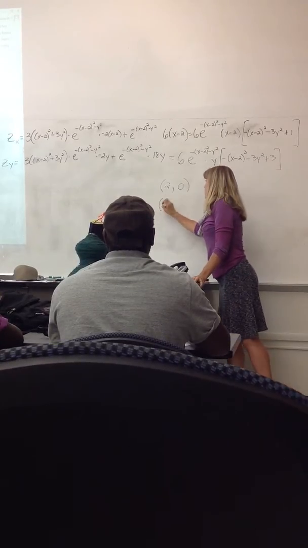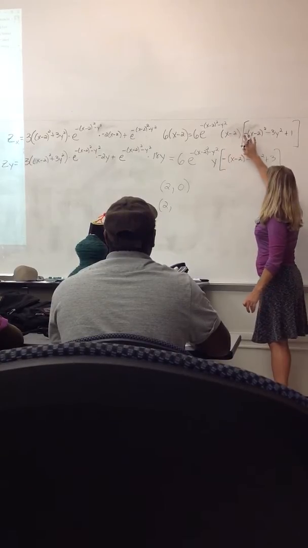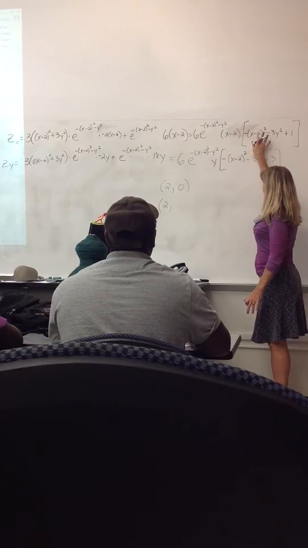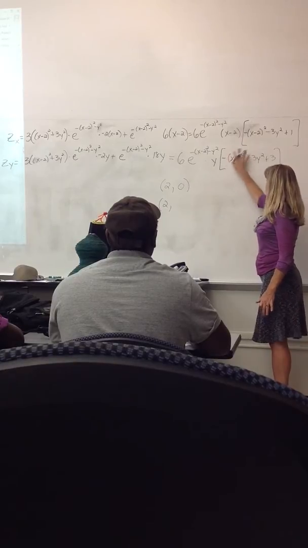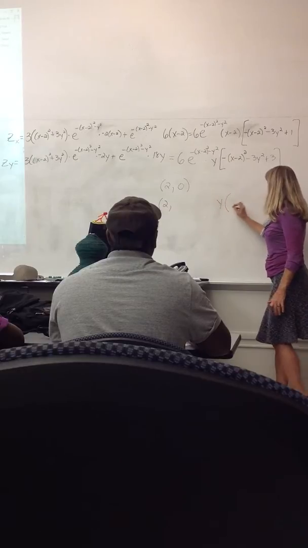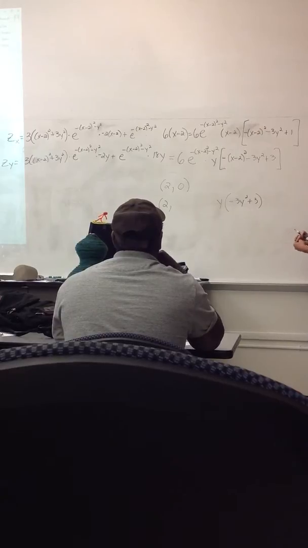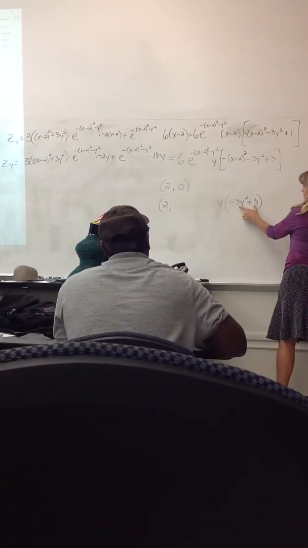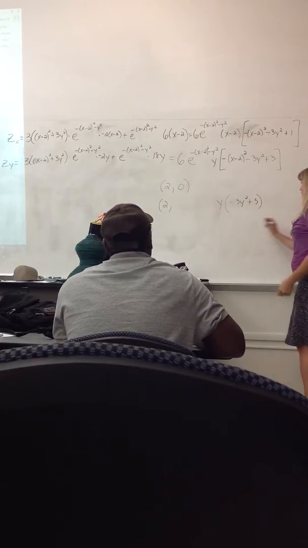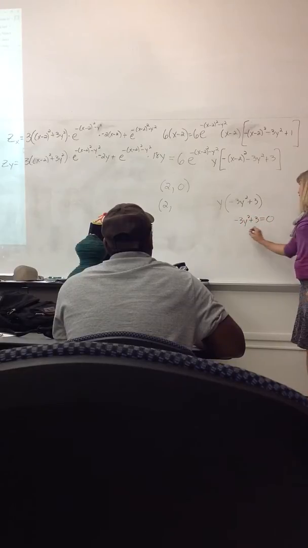So what I would do is start with, okay, what if x is 2? Because if x is 2, then I already know that this is 0. Then this becomes 0, and I would have y times negative 3y squared plus 3. I already know y being 0 is one of my zeros. So I want negative 3y squared plus 3 to equal 0.